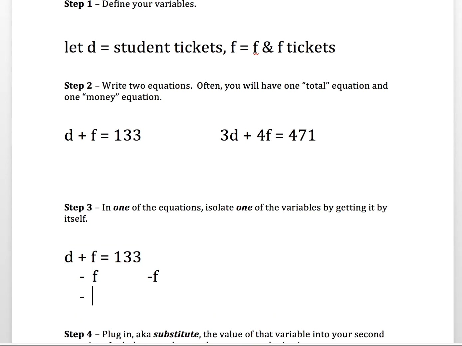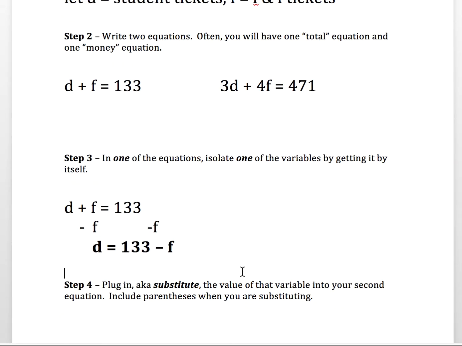When we do that, we get that the number of student tickets equals 133 minus F. And that makes sense because if we take 133 and subtract away the number of tickets friends and family bought, we'll be left with the number of tickets that students bought.